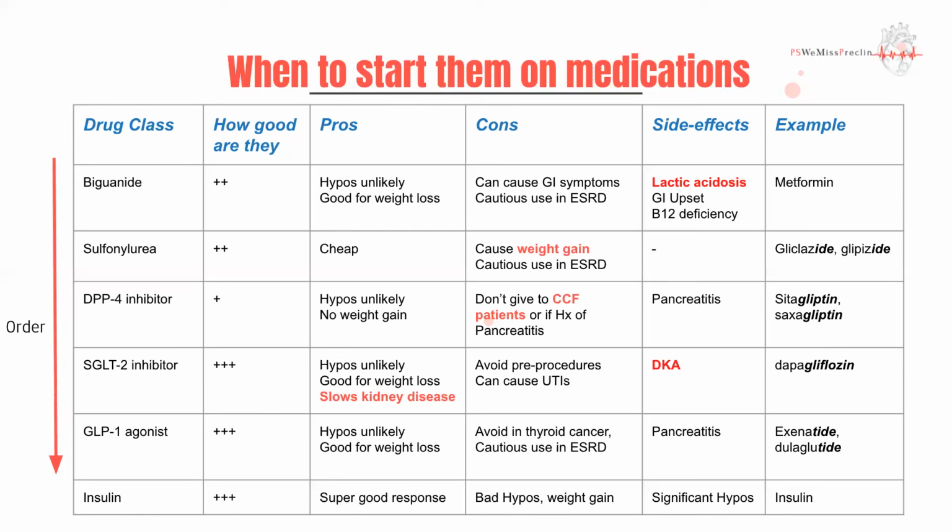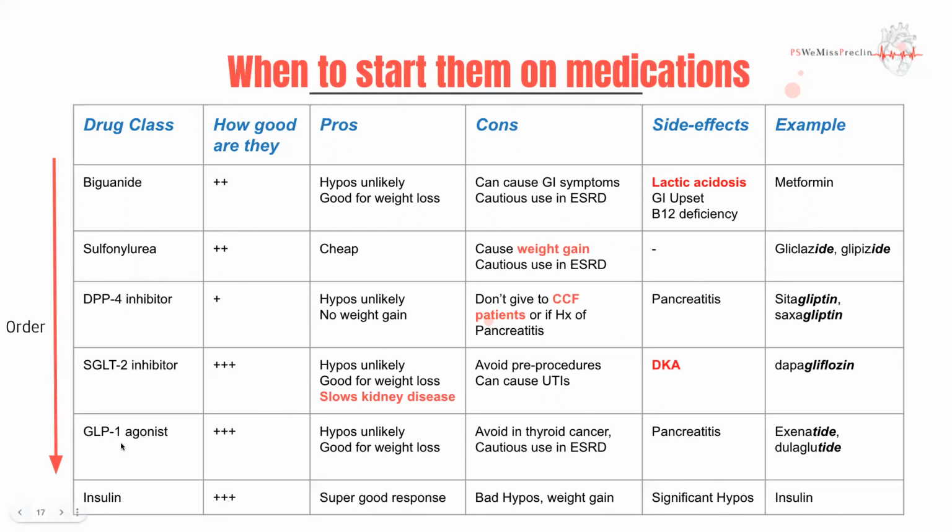Now, some important points about this. In my GP, and what's being done in Australia, at least for most of it, is you start them on metformin. If they can tolerate SGLT2s, we start them on SGLT2s second line. After that, it is fair game to start them on either sulfonylureas or DPP4s, depending on what their side effects are.